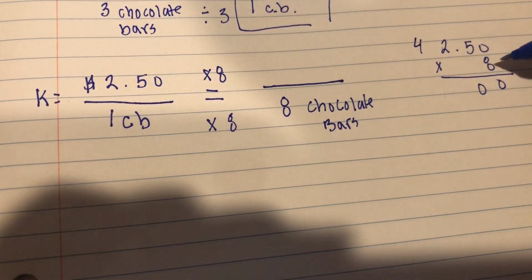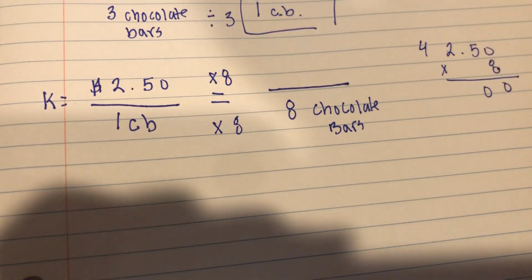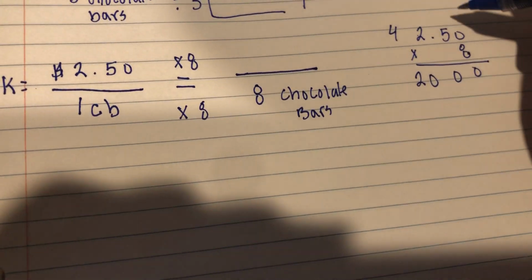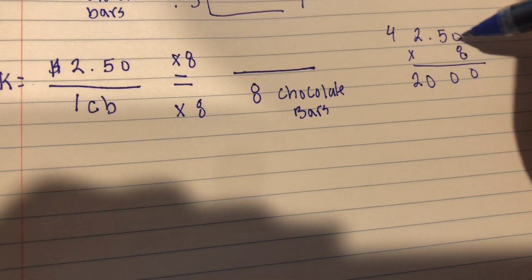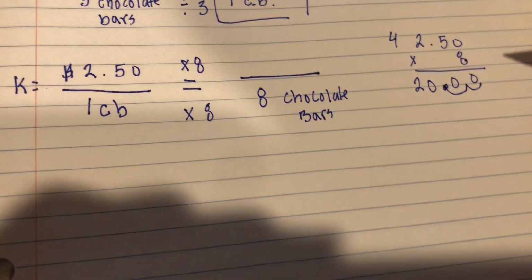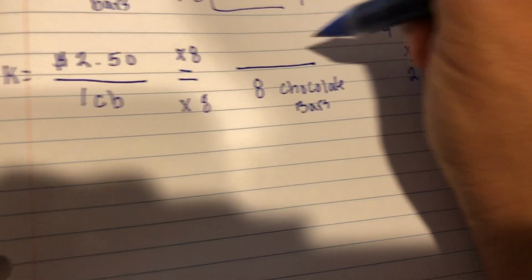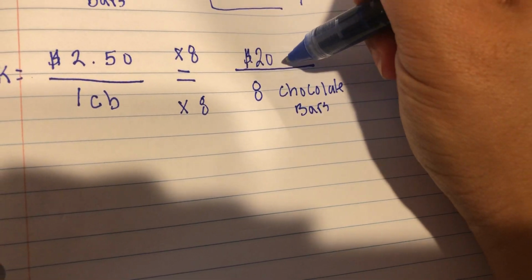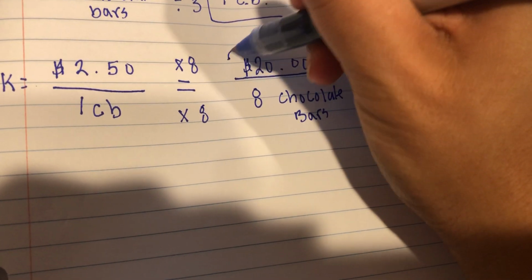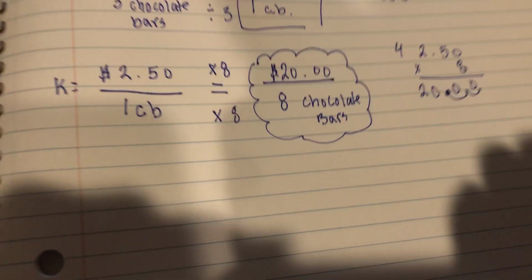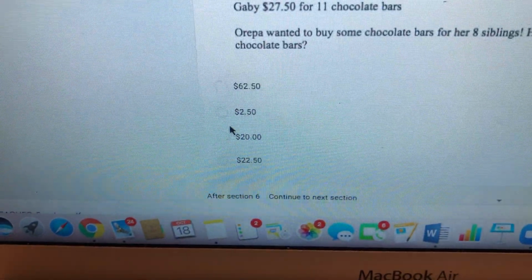Carry the 4. 2 times 8 is 16, plus 4, that's 20. And because I have 2 numbers behind the decimal here, I'm going to put 2 numbers behind my decimal in my product. And so that means it's $20 for 8 chocolate bars. And that's my answer, because that's what the question is asking me. So you would choose $20.